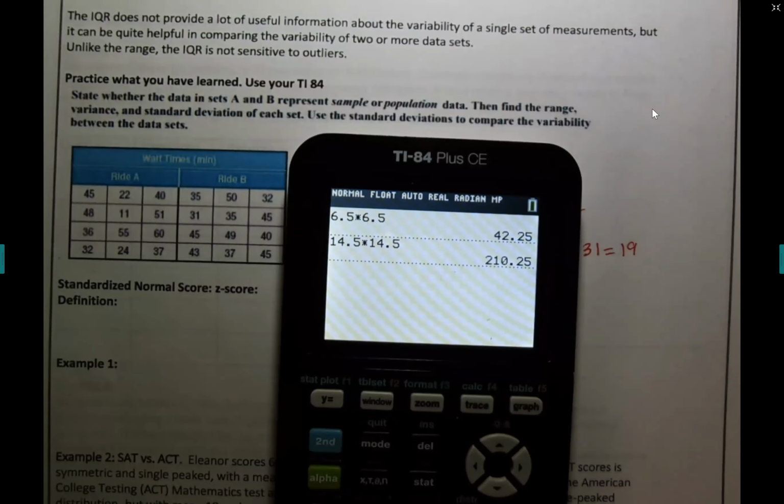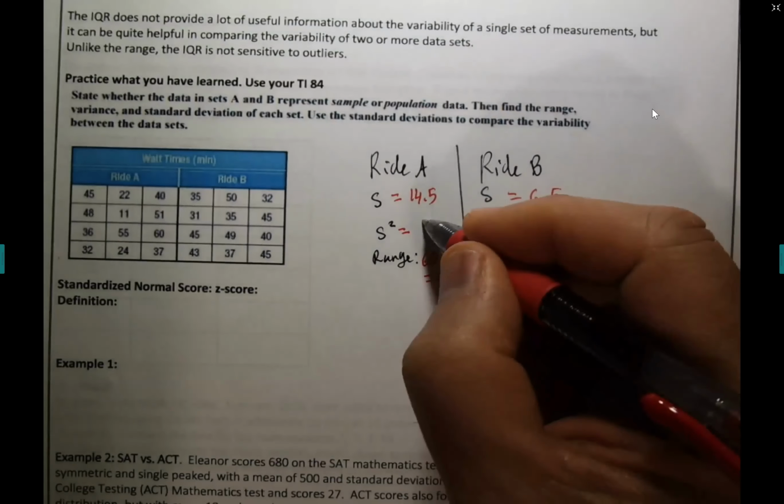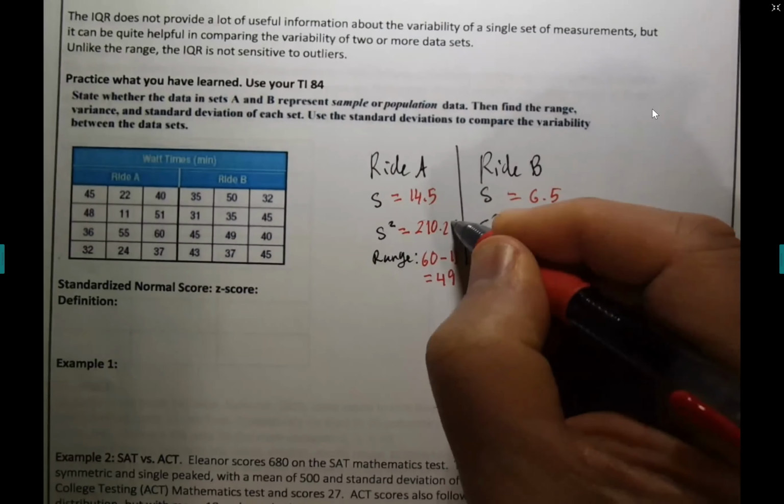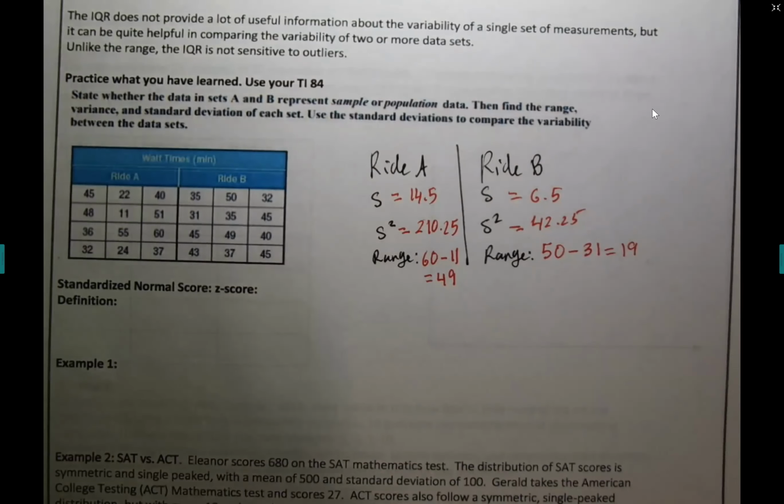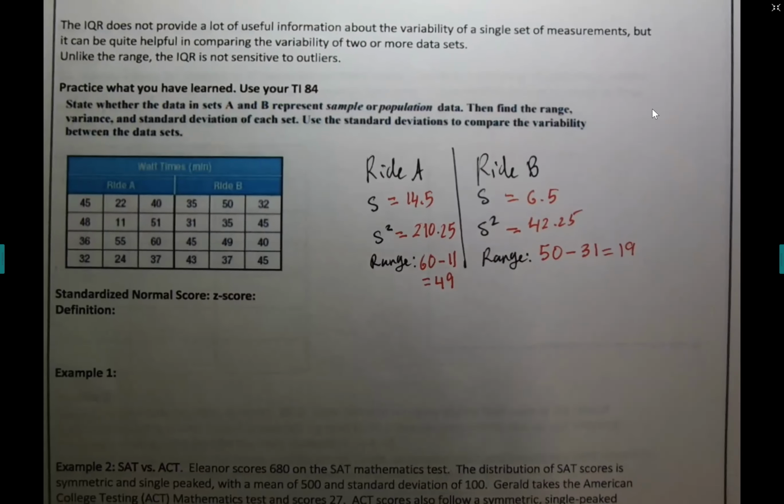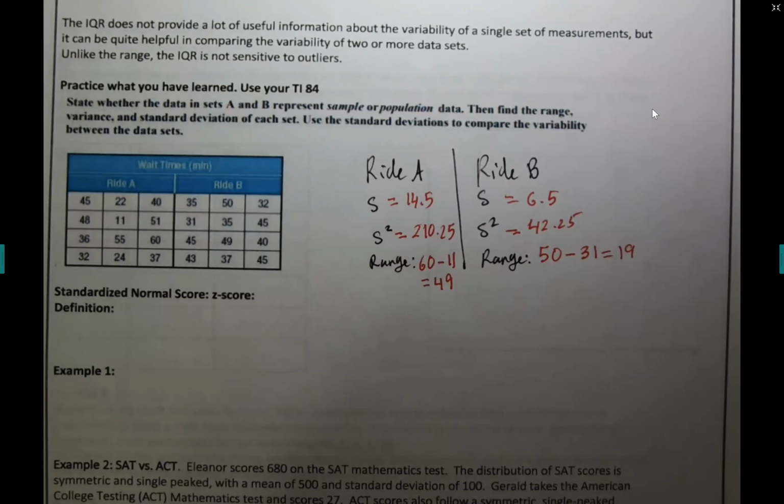You can tell, guys, which set has more variability already. Okay. To answer this question, which set has more variability? Which ride, as far as wait times, has more variability, ride A or ride B?